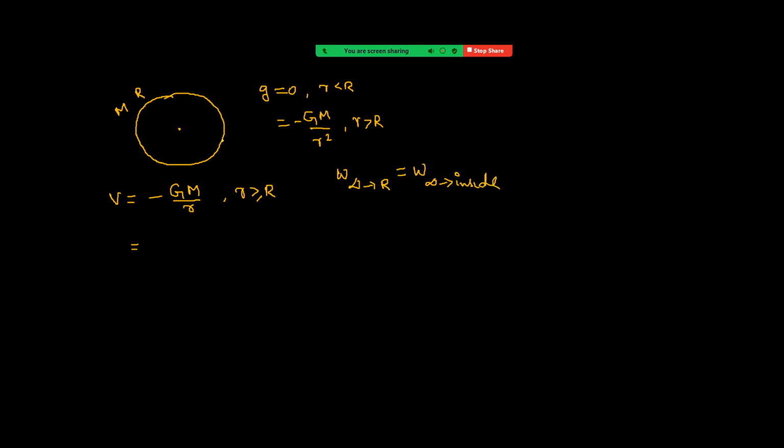Reason is up to surface, there is a gravitational force, so we have to do some work to move it slowly. But to move it inside, no work is required. Therefore, both are equal. That's why at any point inside, potential will be same as that on surface.